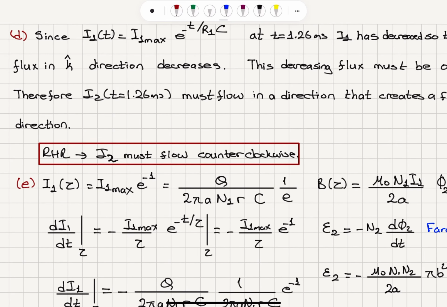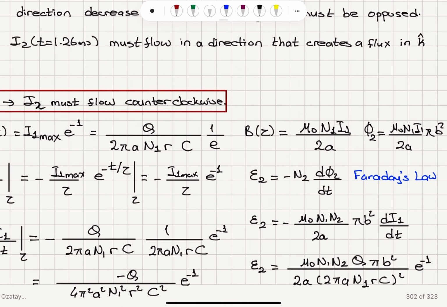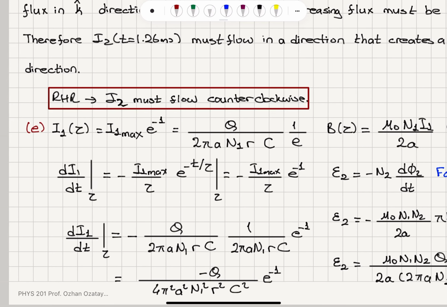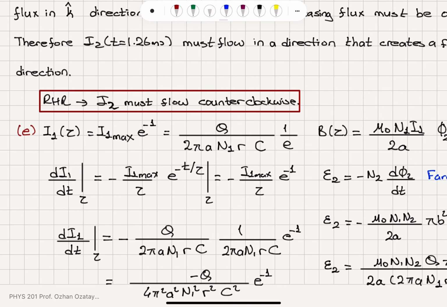It's I1 max e to the minus t over tau. And when I write the flux in the second coil, I see that it's the magnetic field created by I1, mu0 N1 I1 over 2a, multiplied by its area. The only time-dependent term here is I1, so when I take the time derivative of the flux, I get di1/dt. di1/dt is minus I1 max over tau, e to the minus t over tau.